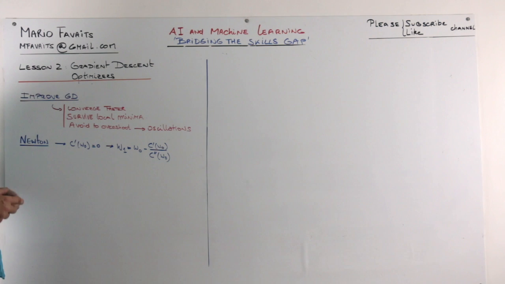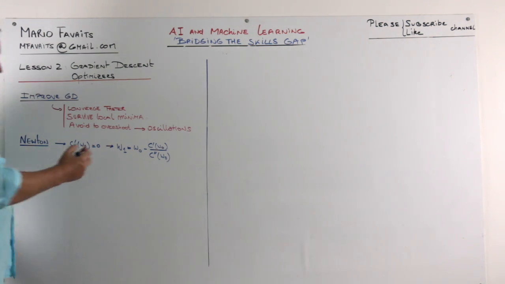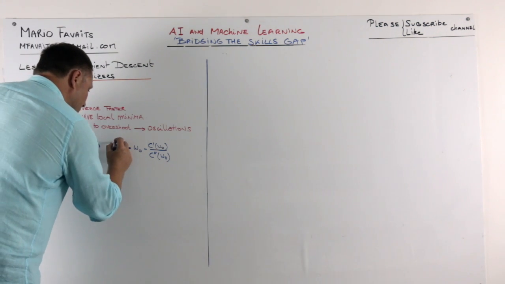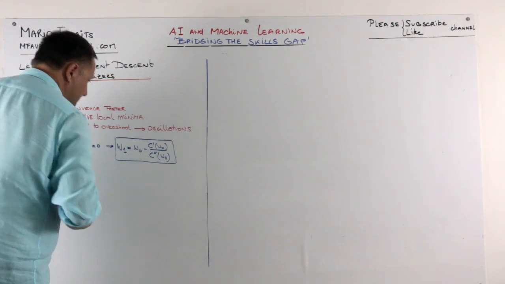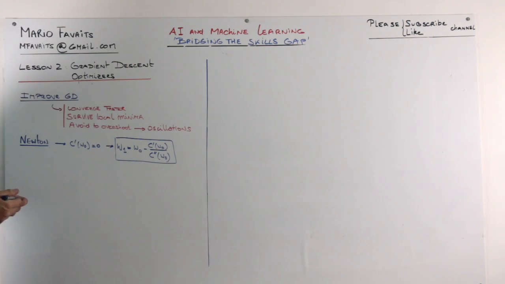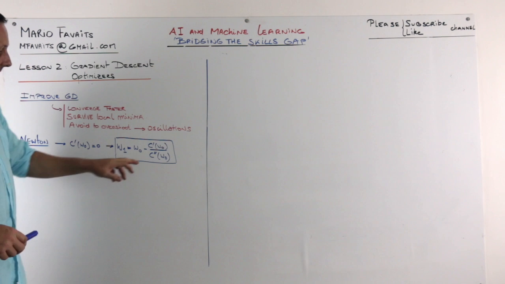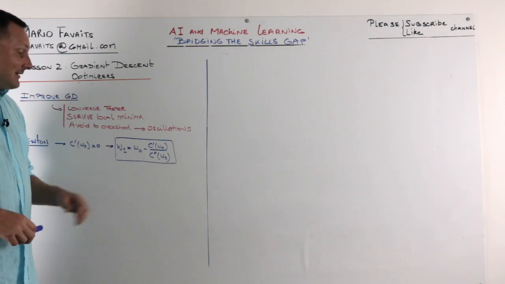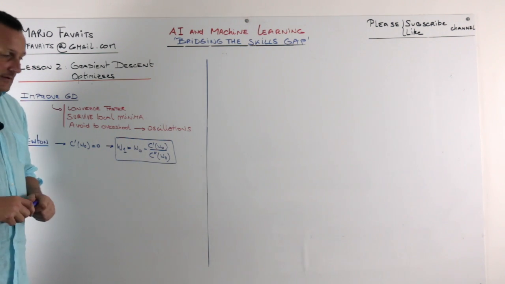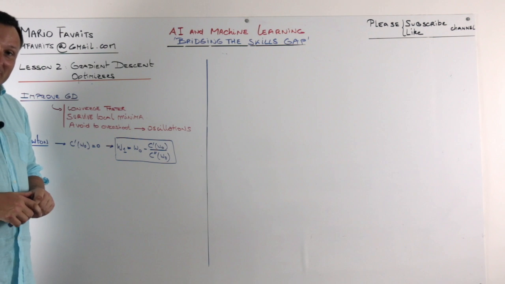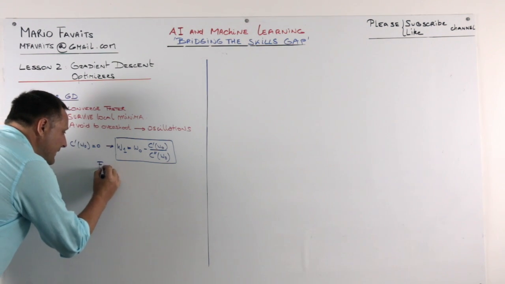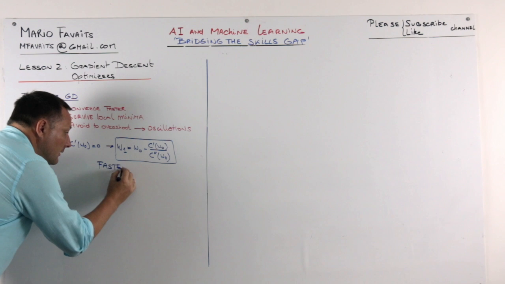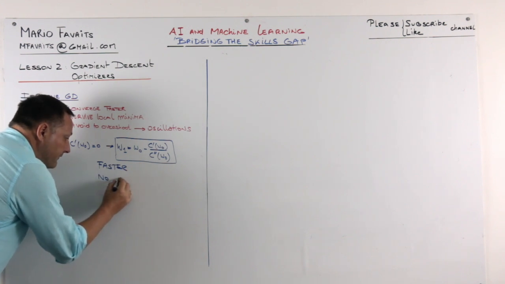Alright, we just saw Newton's method here, and this is then the update rule. The update rule uses a second order derivative, and the Hessian, especially the inverse of the Hessian, can be quite expensive computationally, but Newton is faster and there is no alpha.